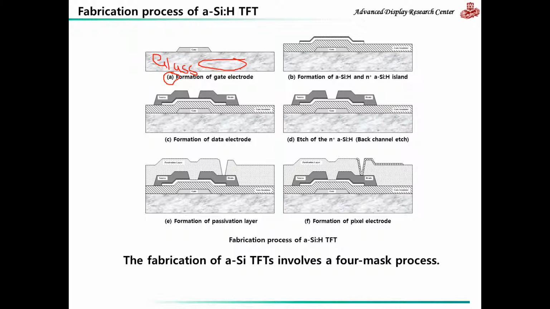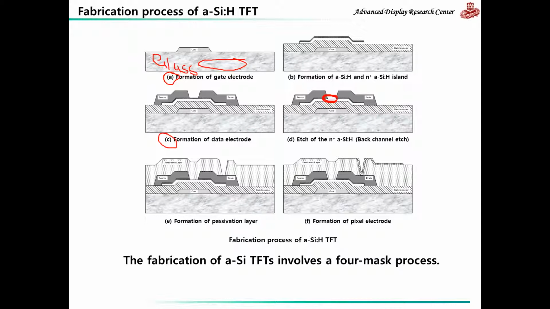Another metal layer is deposited on top of the N plus amorphous silicon and patterned to form the source and drain electrode as shown in C. This is followed by the etching of the N plus region or the ohmic layer from the region that is between the source and drain electrodes.